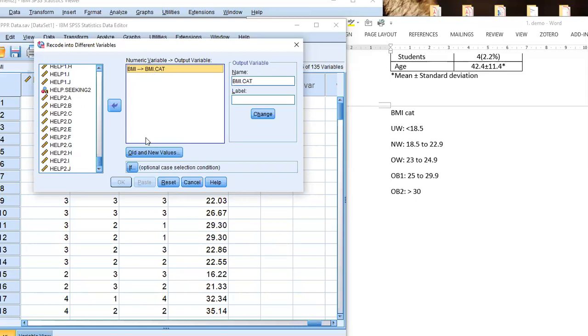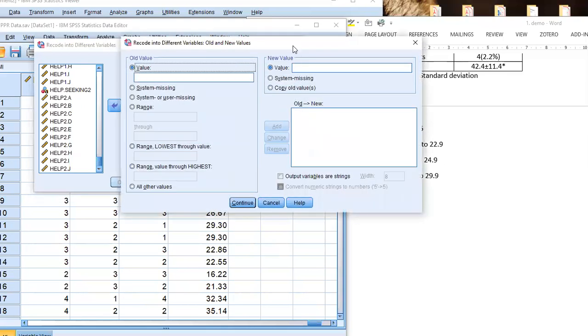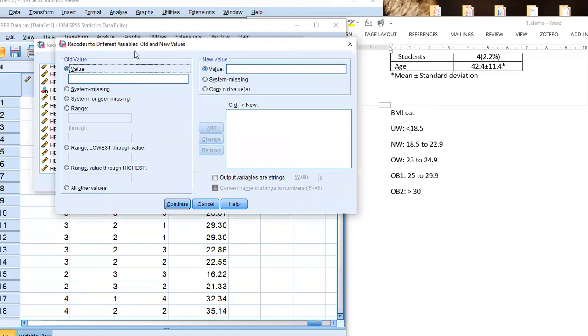Next, what are the old and new values? First one, underweight: from the lowest through 18.5 and below. Below 18.5, so I put 18.49. 18.5 will go into the next group. You can use a few decimals, no harm; it doesn't matter how many nines you put.